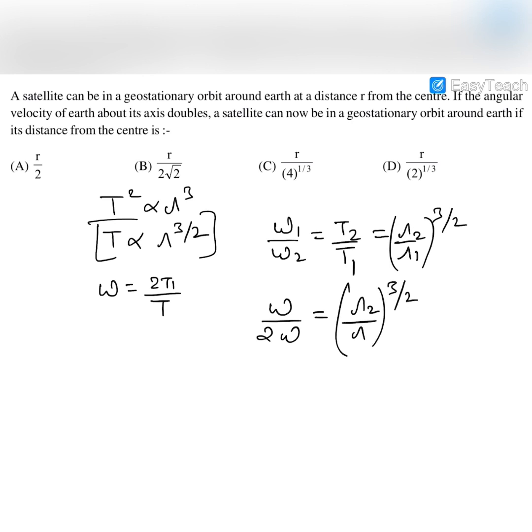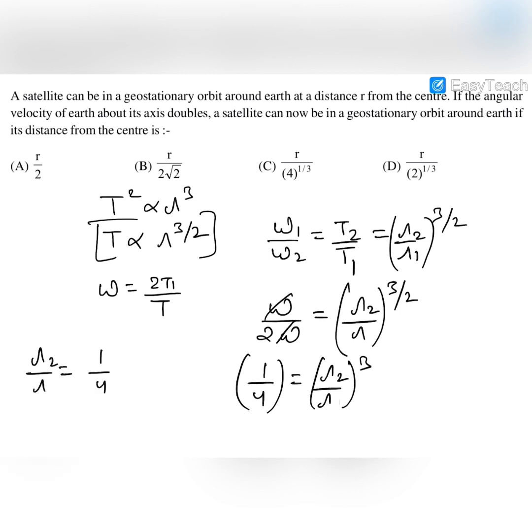Squaring this, it will be 1 by 4 is equal to r2 by r cubed, and r2 by r will be equal to 1 by 4 to the power 1 by 3, and r2 will be equal to r upon 4 to the power 1 by 3.